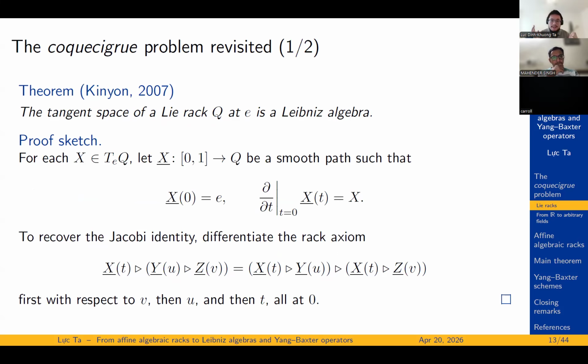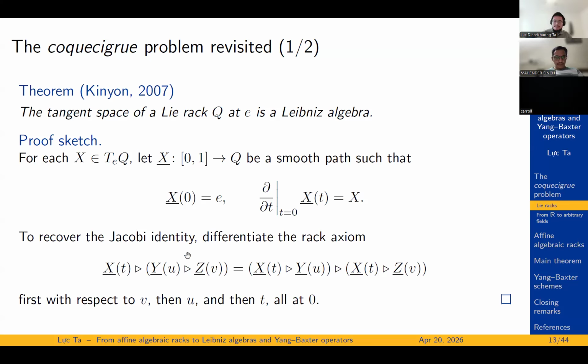So one of Kinyon's theorems is that the tangent space of a Lie rack at the unit is in fact a Leibniz algebra, and this also makes a diagram commute. To sketch the proof, you do a similar thing where you define adjoint representations, and then for each element of your tangent space, you take a smooth path that starts at the unit and differentiates to that tangent vector.